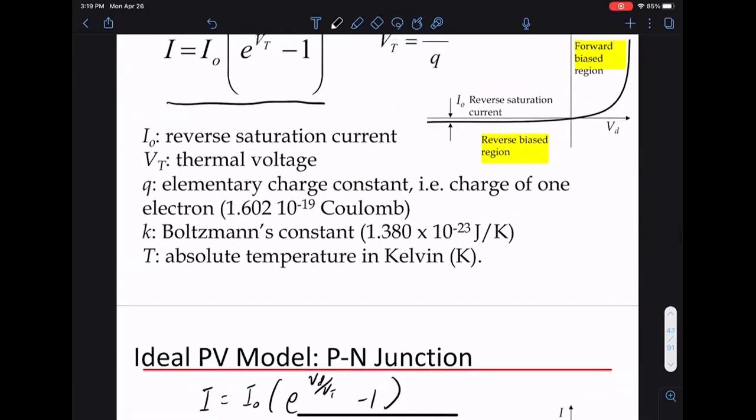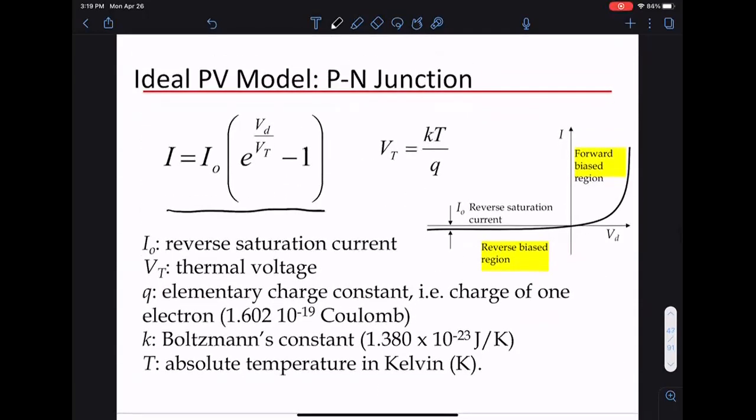Okay. So this is the sort of empirical, or not empirical, but this is the curve we'll use. And there's a lot of constants in this function. That just comes because we have this thing called a thermal voltage, that depends on fundamental constants: the Boltzmann's constant, the temperature, and the elementary charge.